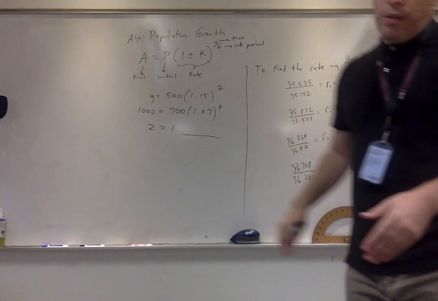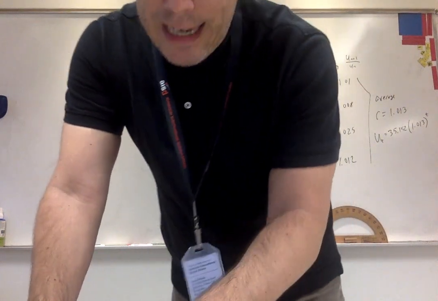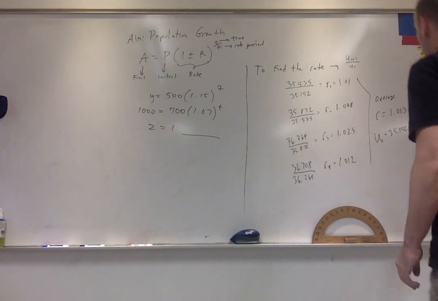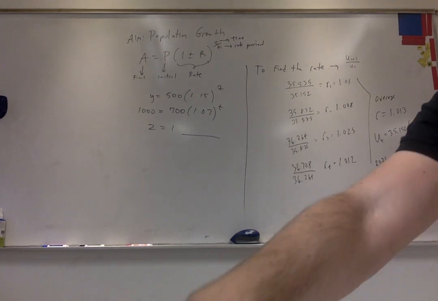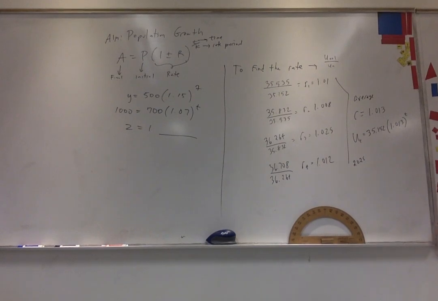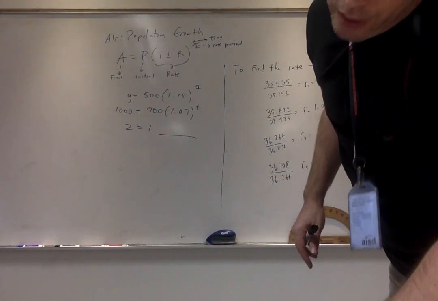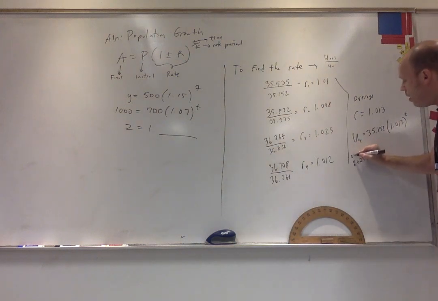And so, next, last one, use your general formula to estimate the population of Canada in 2025. Well, we have to be careful. Remember, we started at 2013, and then we're going to 2025.